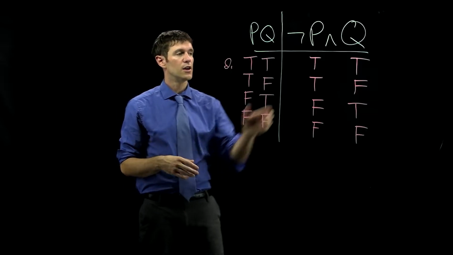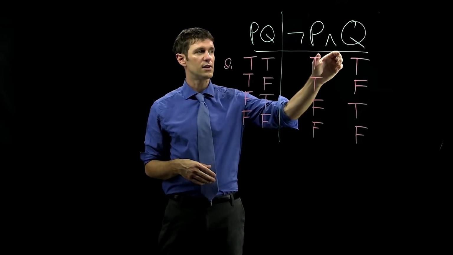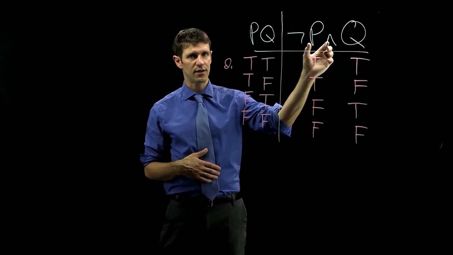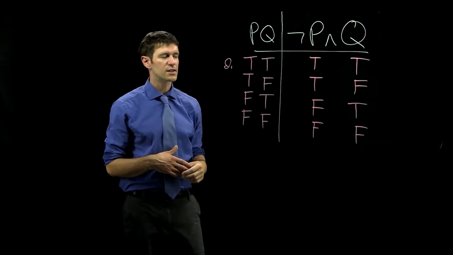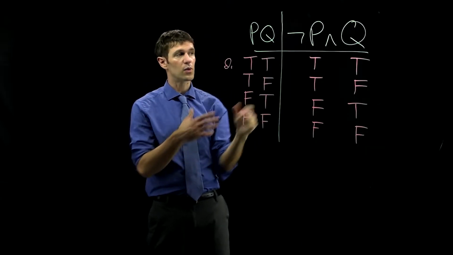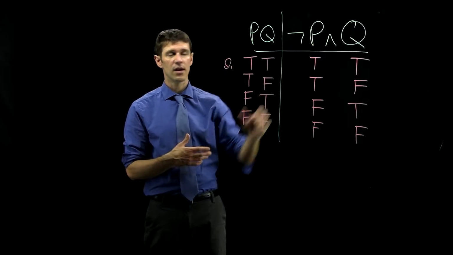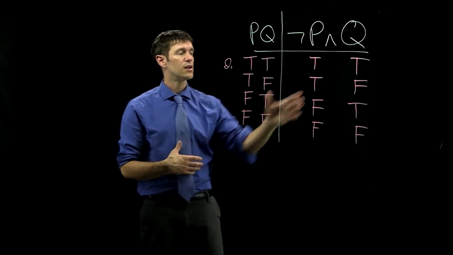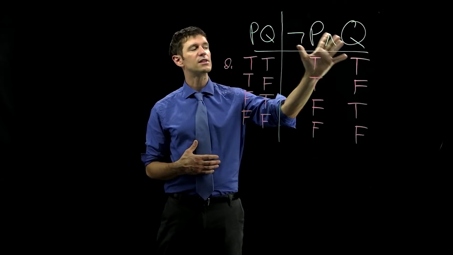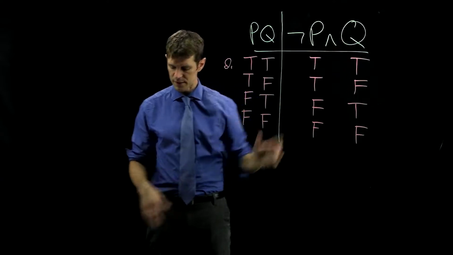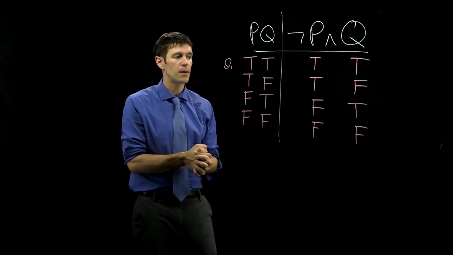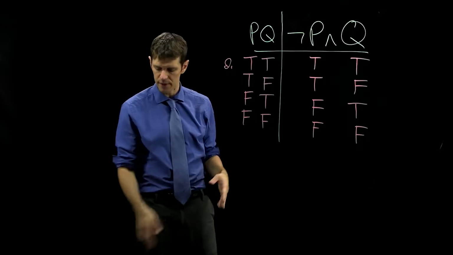In other words, you're going to write truth values underneath this negation and this sign for conjunction, and that's going to tell you, when you write it under negation, what the truth value of not P is, and when you write it under the conjunction, it's going to determine what the truth value of the whole formula is. So the question that people commonly have is, well, what order do I do it in?